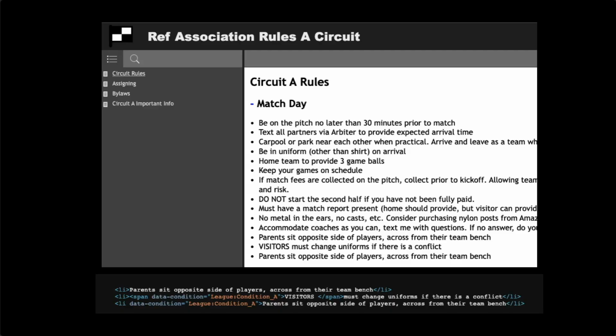Moving over to the published information that's been posted on the web, I can see that the condition A version of the content displays as I like. And then when I look at the source code that's generating the topic, I see that there's a data condition for league condition A, and not only is the condition B and condition C information omitted or hidden, but it literally does not exist in the topic.